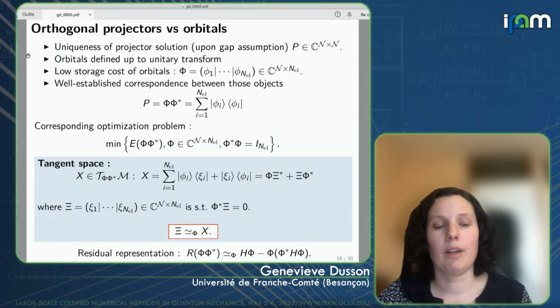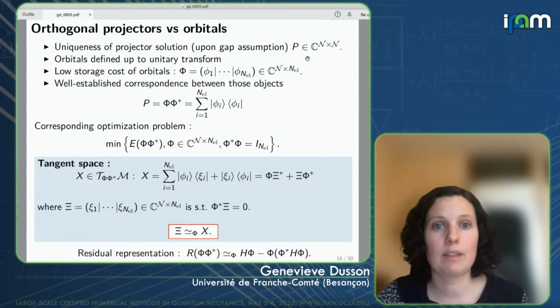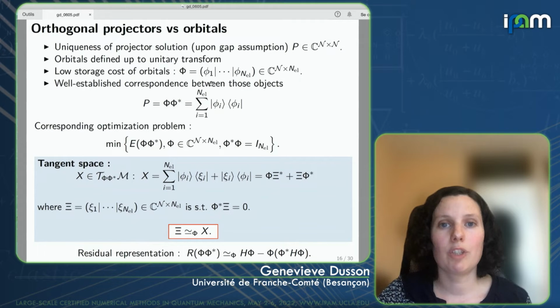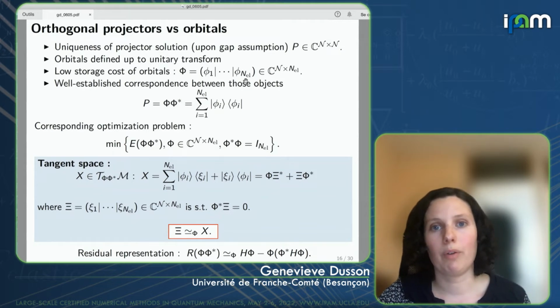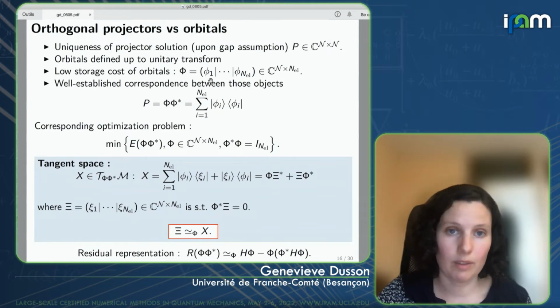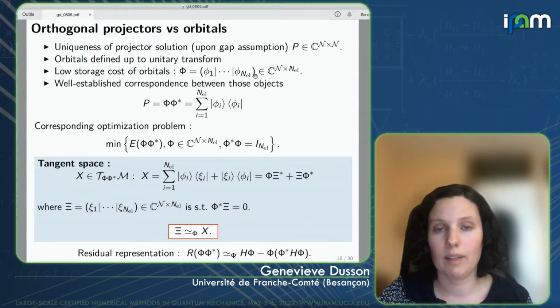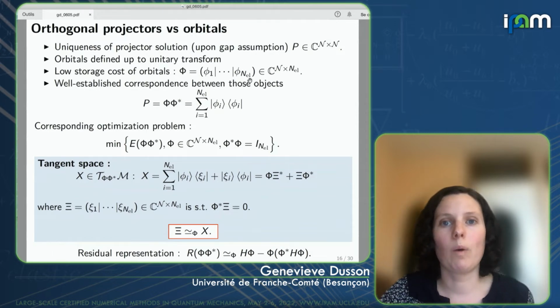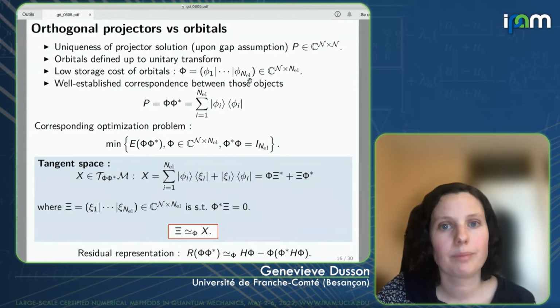But computationally speaking, the projector is a very large matrix, whereas the orbitals are just a list of vectors, and the number of these vectors is the number of electrons in the system. So it's way less expensive to store.